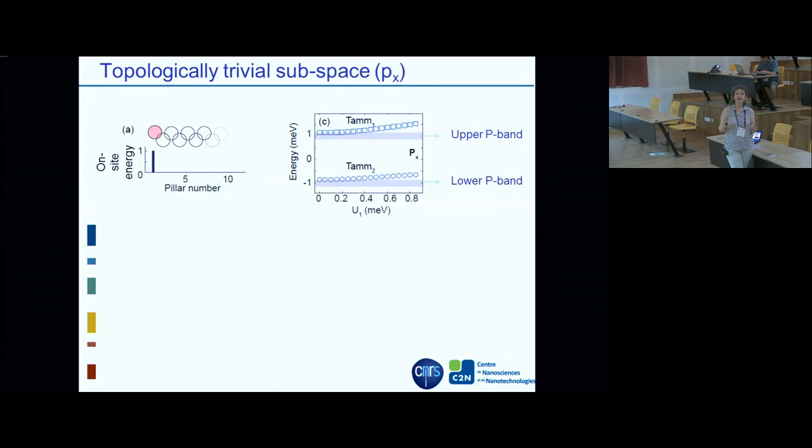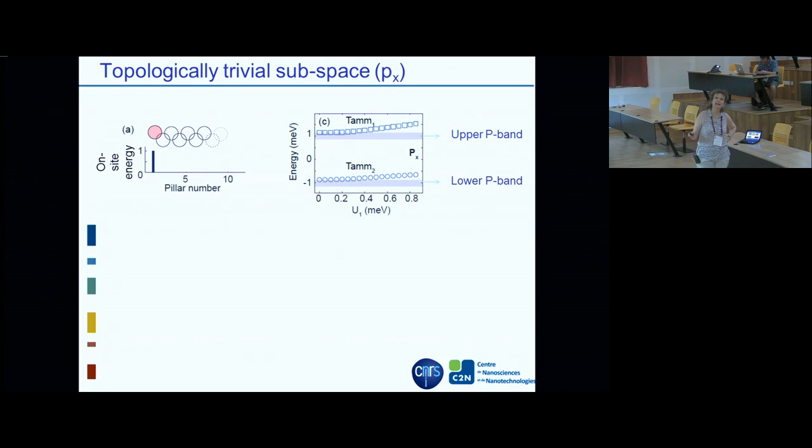Okay? So we have also actually two Tamm states which are formed in the p orbitals, which do not exist for zero perturbation, and they emerge as you increase the on-site energy of the first pillar. Okay, and they go into the gap.